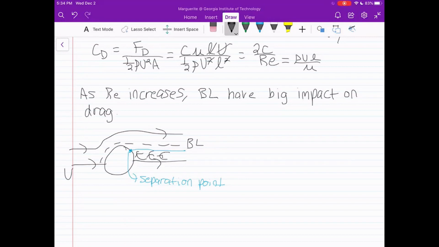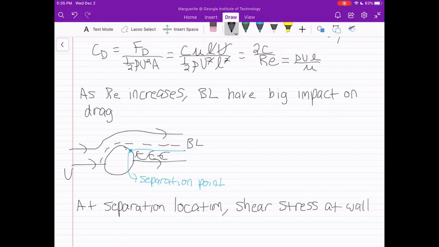So the boundary layer becomes really important for drag because of this separation. At the separation location, the shear stress at the wall is 0, because your flow is totally departing, so there's nothing to cause a shear stress there.